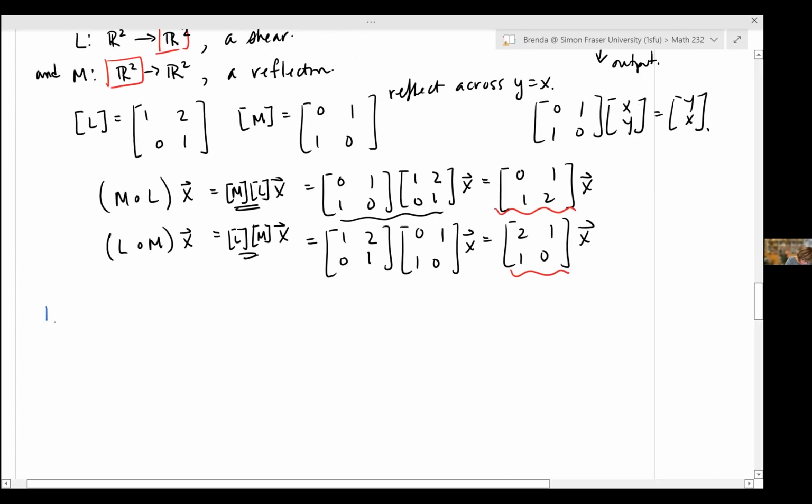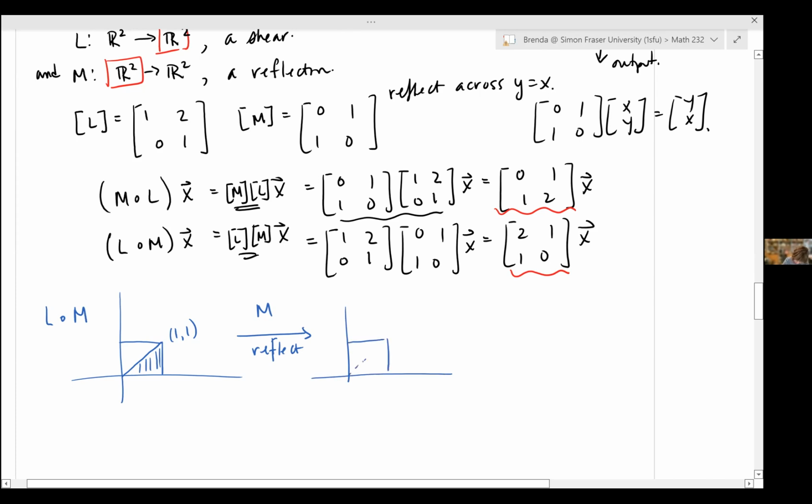We'll first do the L composed with M. So L composed with M, I'm going to ask you to imagine a square here like this, of which this point here is 1, 1. I'm just going to shade this so we can see the difference. Now the first, in this case, L composed with M is a reflection. So I'm doing M here, which is a reflection across the y equals x line, which is this line here.